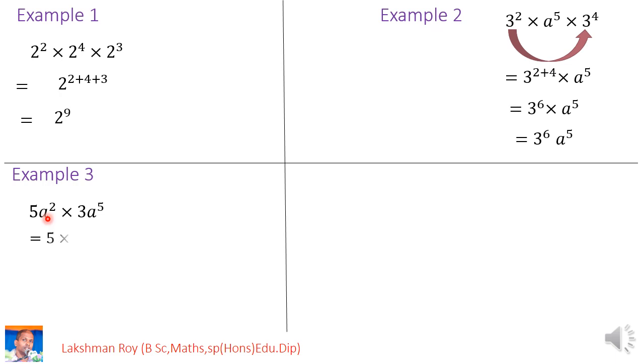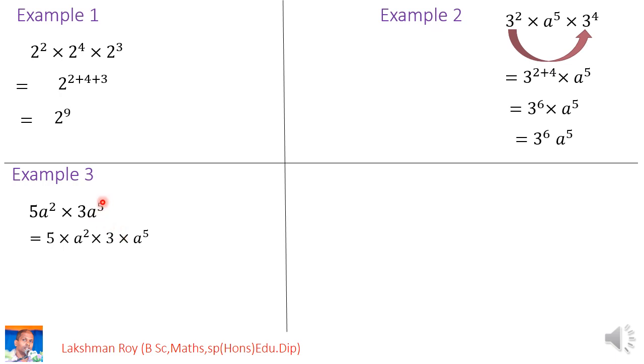What is the answer to this doubt? 5a to the power 2 means this index 2 belongs only to a. So between 5 and a to the power 2, that is multiplication. Here also, 3 into a to the power 5.